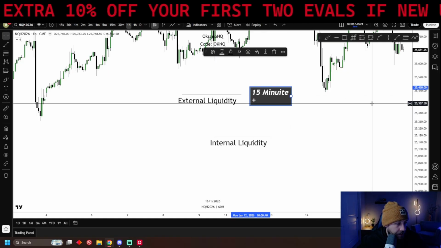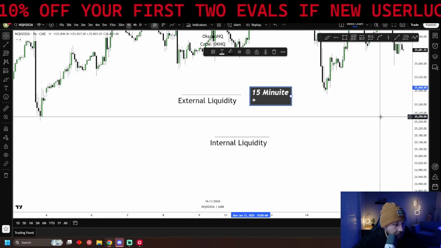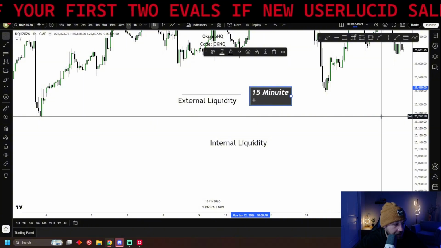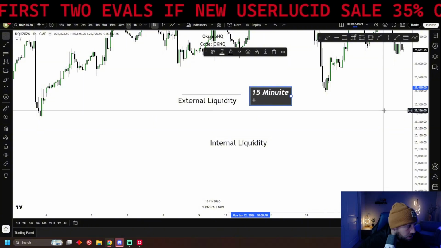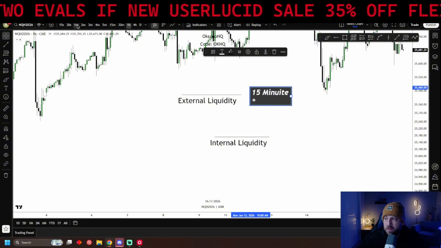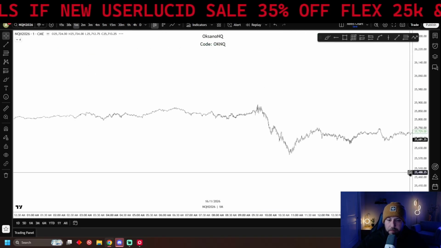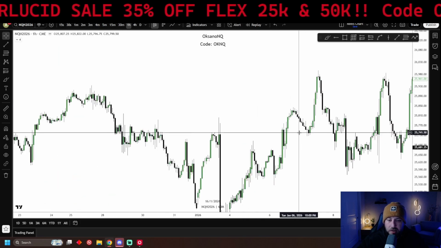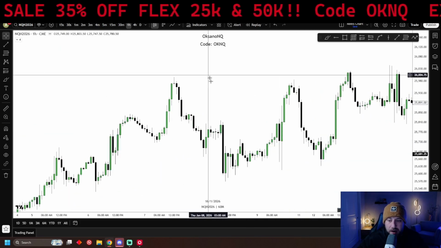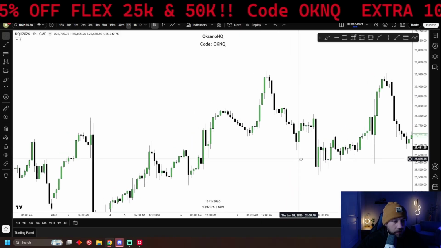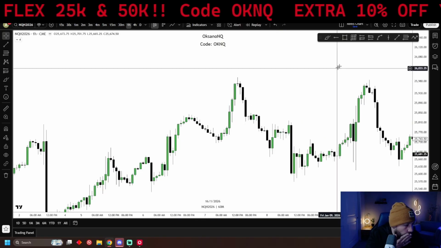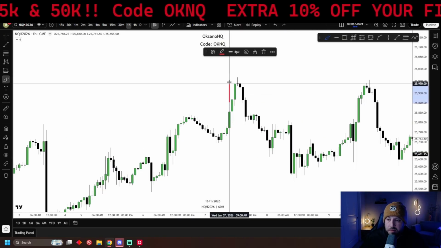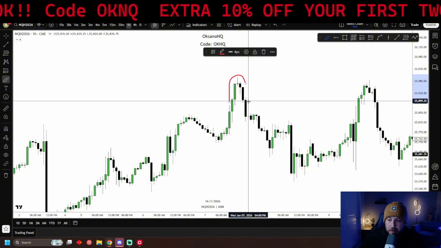Is it right to say that lower time frame external liquidities is basically higher time frame internal liquidities? Interesting. I would say it just depends on where we're actually at in reference to higher time frame liquidity points. Like if we have this 1 hour up here, right?